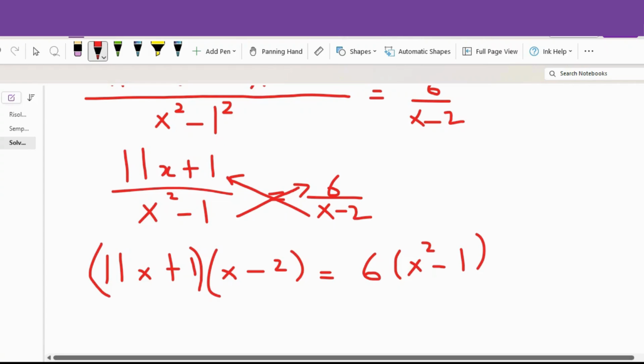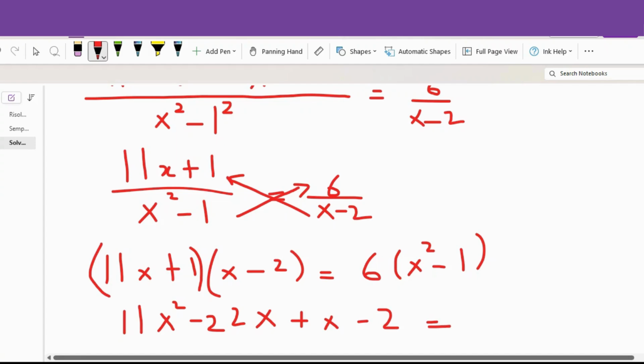Now we would distribute it. 11x times x is going to be 11x squared. 11x times minus 2 is minus 22x, plus x minus 2.